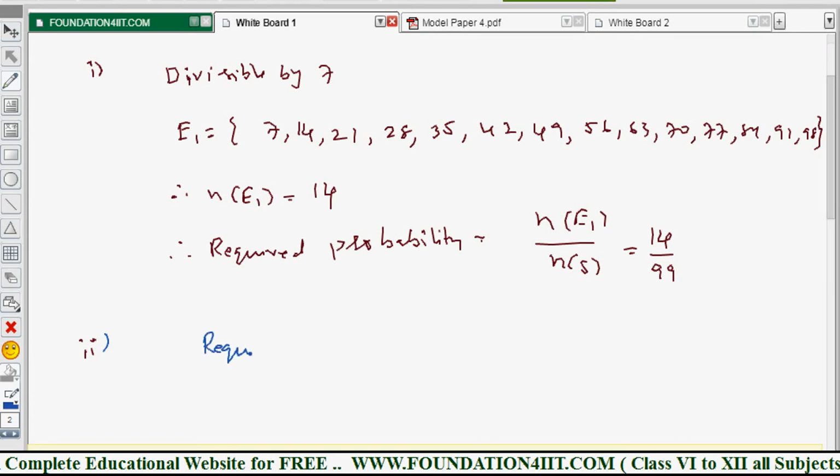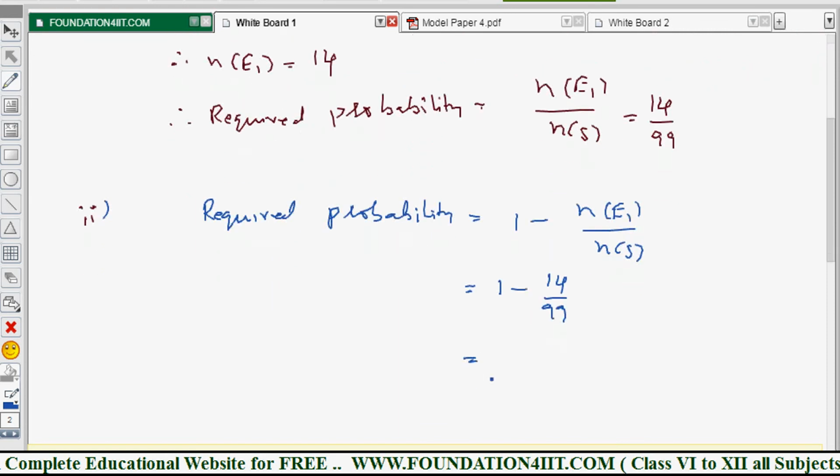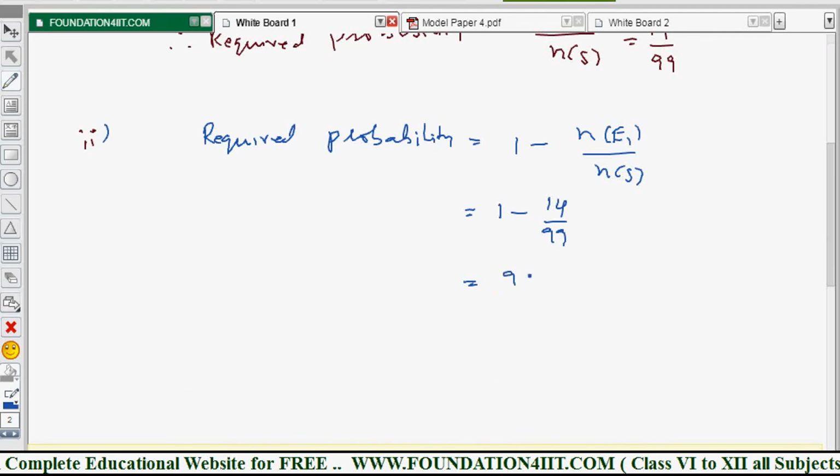So according to this, the required probability, you can find out the remaining numbers, otherwise just do 1 minus n(E1) by n(S), because not divisible by 7. So 1 minus 14 by 99. 14 by 99 means out of 99, subtract 14 divided by 99 again.